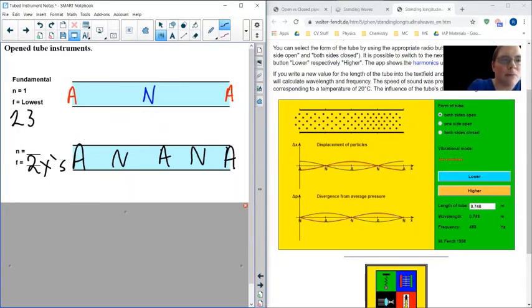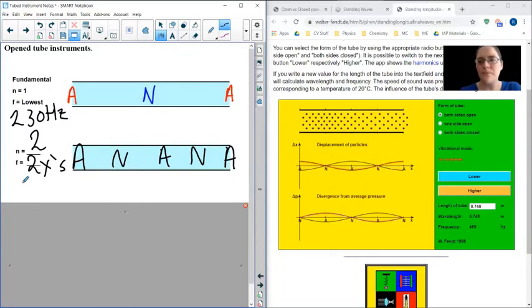We found our first harmonic was 230 hertz for this particular wave, and now it's almost exactly 2 times the frequency. So we have ourselves here a second harmonic.